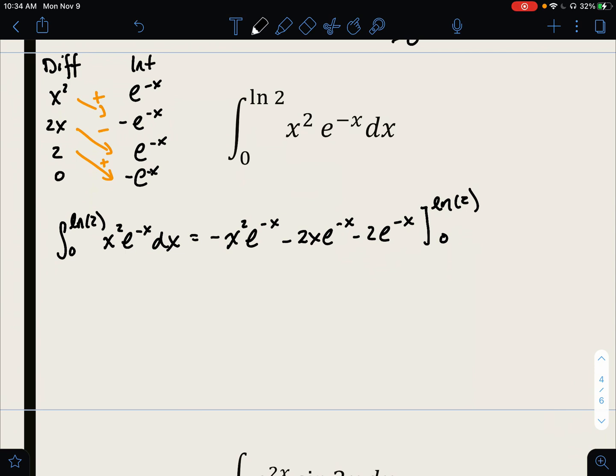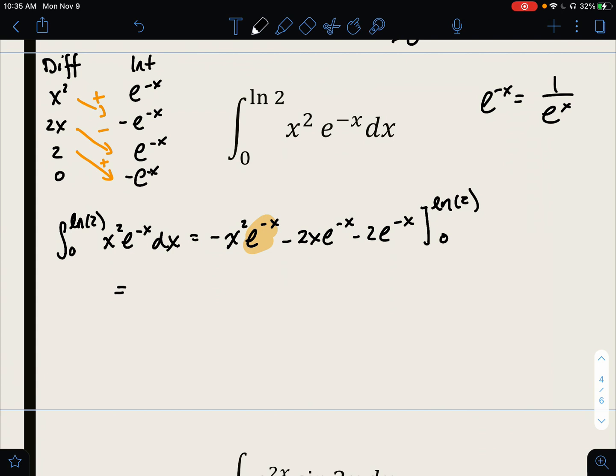All right, when I evaluate this in the next step, I'm going to convert all of my e to the negative x's to 1 over e to the x because I think it will be easier for you to see how I'm evaluating.